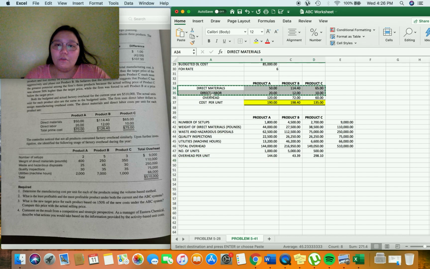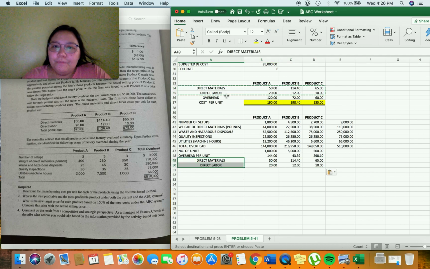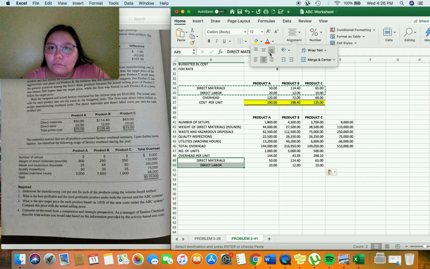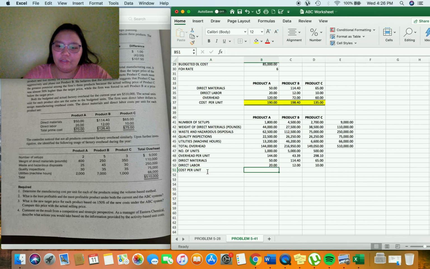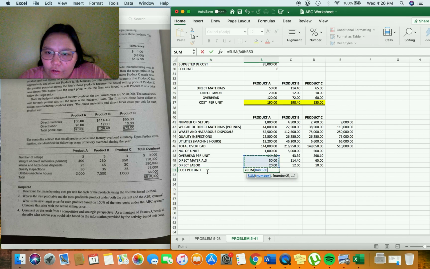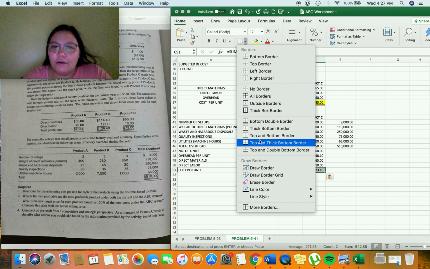So, let us copy this and paste it here. Okay. So, our cost per unit under activity-based costing. For product A, we have 214,000. Product B and product C, we have 169.79 and 373.1 respectively.